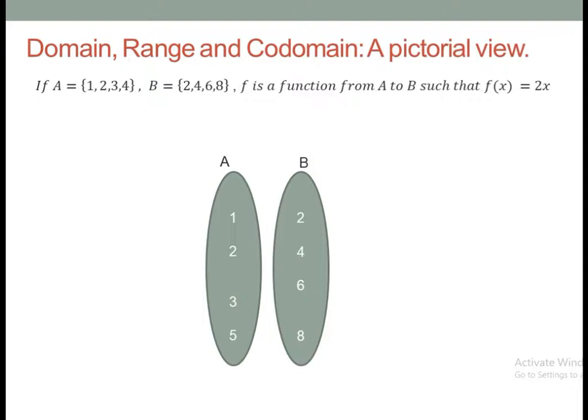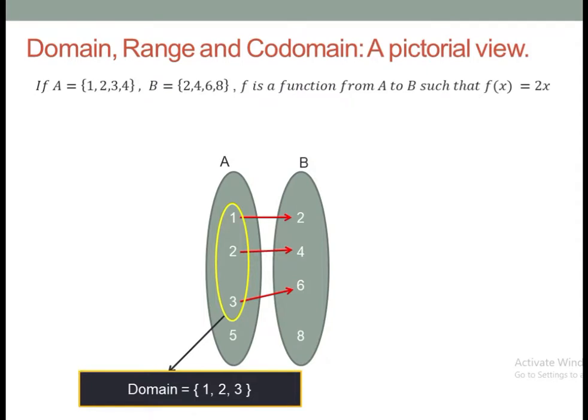Now the rule is that the input will be doubled, so 1 will be mapped with 2, 2 will be mapped with 4, 3 will be doubled and will be 6, 5 will be doubled and will be 10, but 10 is not in B. So valid inputs are 1, 2 and 3. 1, 2 and 3 will be called the domain.